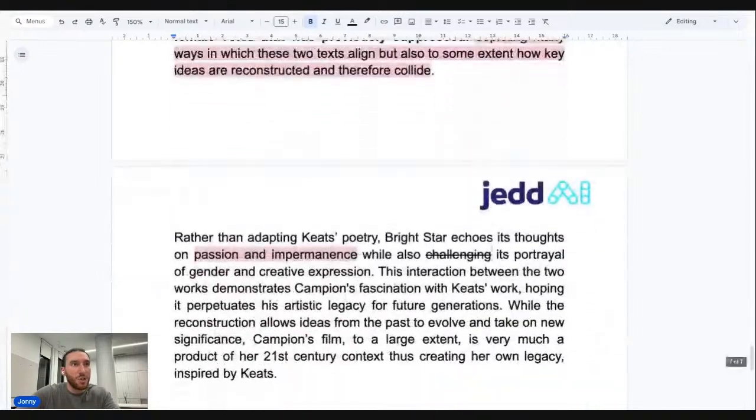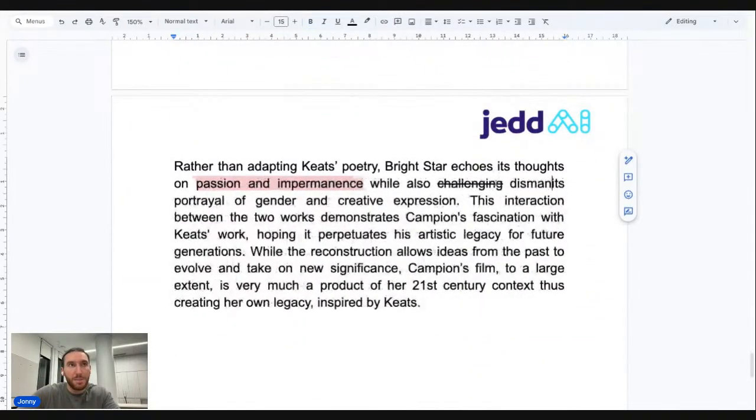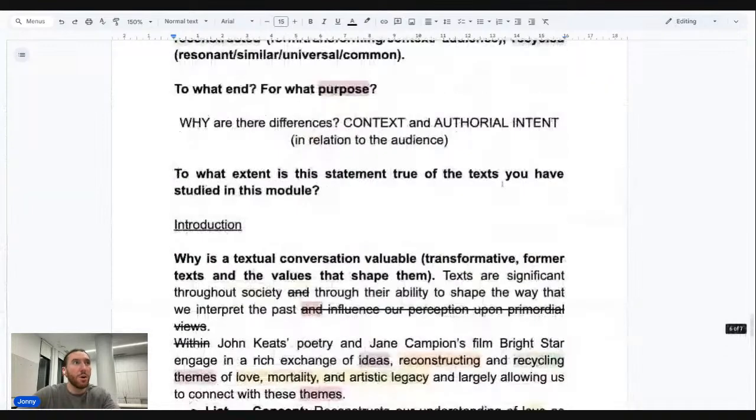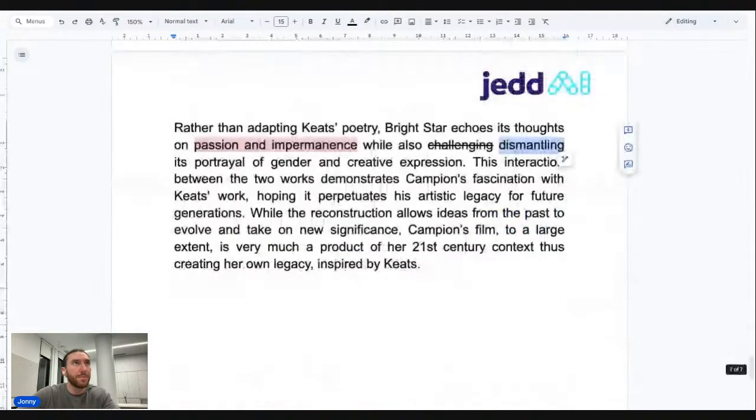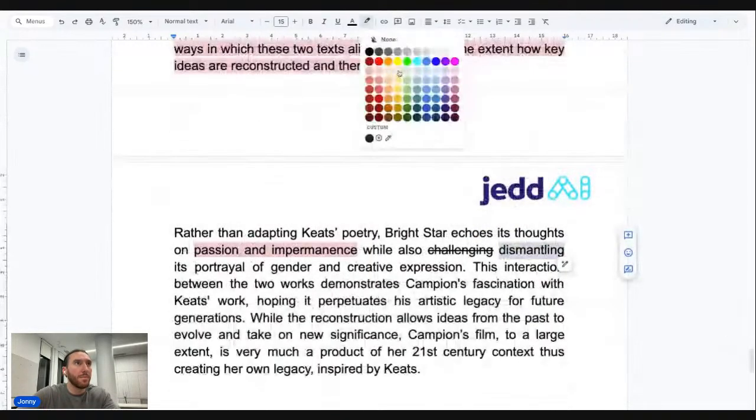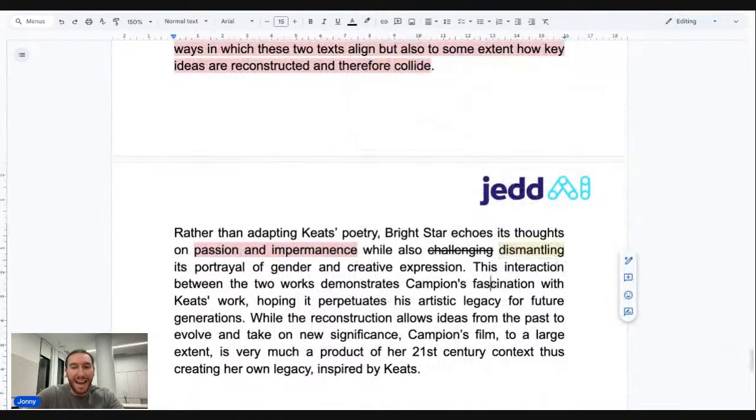So now when I see challenging down here, I just put dismantling in instead, because you should always prioritize the words of the question. Use the words of the question at any opportunity. Get rid of any synonyms that you have and instead put the keyword in, as long as you're being specific in your use of it.